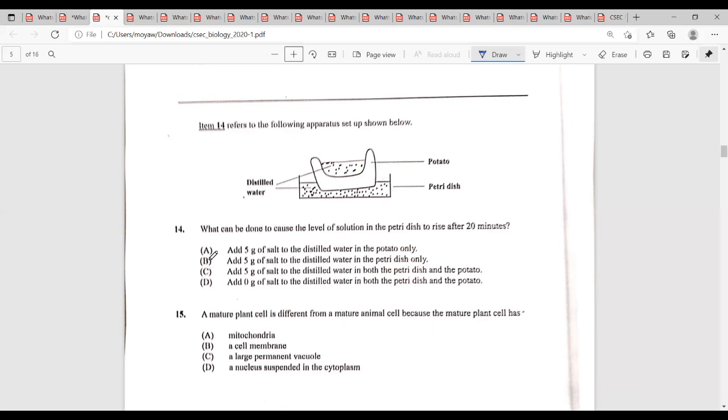So hence the answer would be B, add 5 grams of salt to the distilled water in the Petri dish only, because the Petri dish solution should contain more solute, so water can move from its higher concentration, which would have been in the potato, to its lower concentration, which is going to be in the Petri dish.